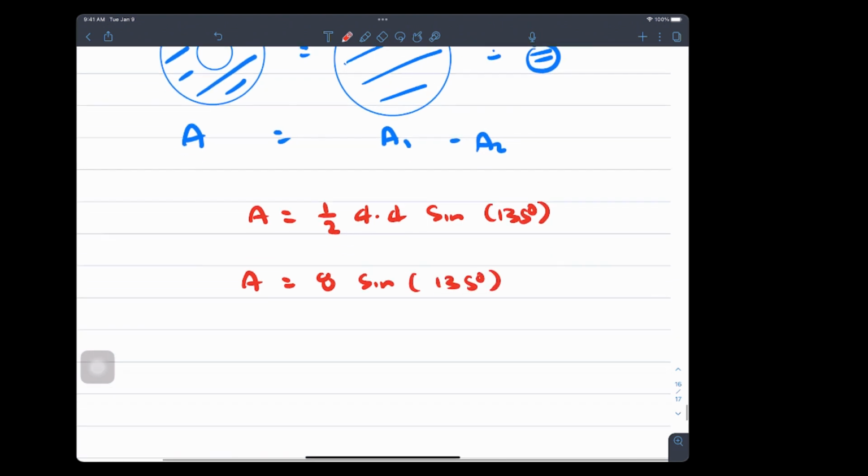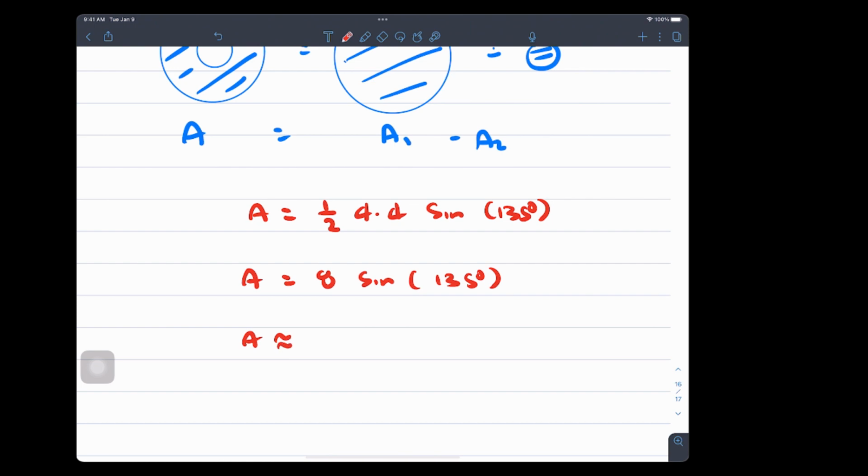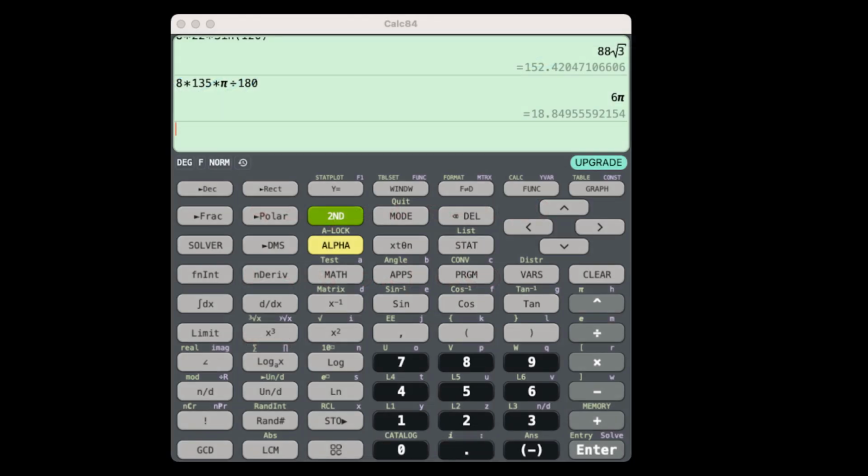And what is that approximately? We'll see in our calculator. 8 sine 135 degrees. This is about 5 point what? Is that 5.7 to the nearest tenth? I think so. Is that 5.7?